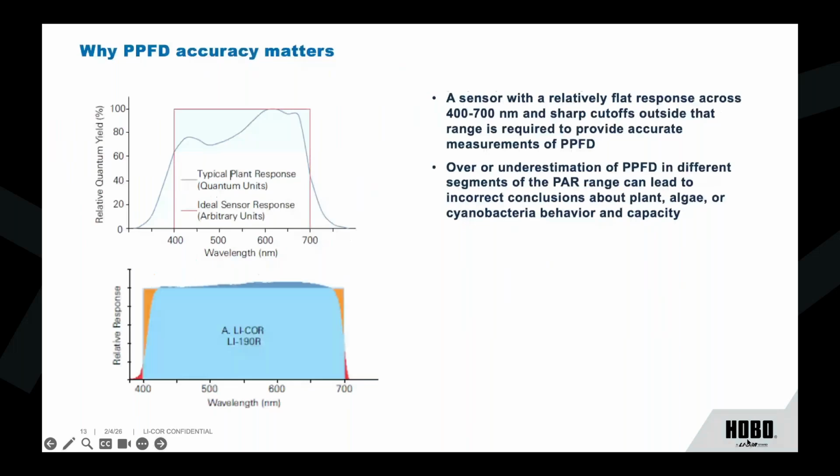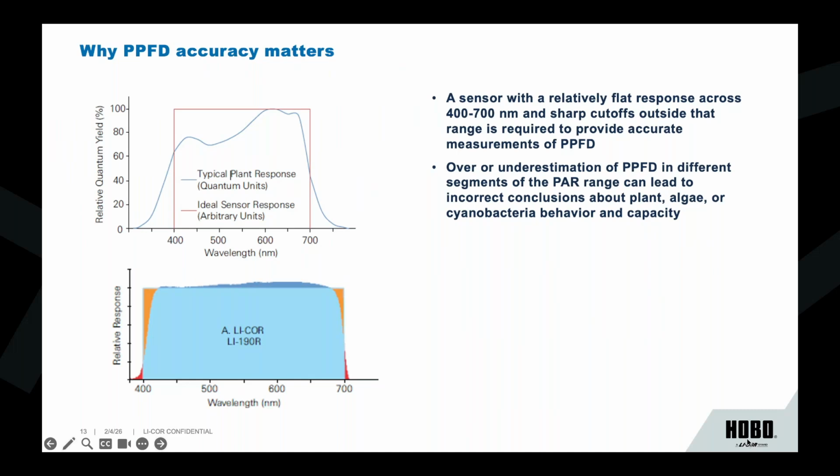If we're going to be measuring PPFD or PAR, which we are, we want to make sure that we have a sensor with a flat response across that range and a sharp cutoff outside that range. Otherwise, we could over or underestimate PPFD in the different segments of the PAR range, and that could lead to incorrect conclusions.